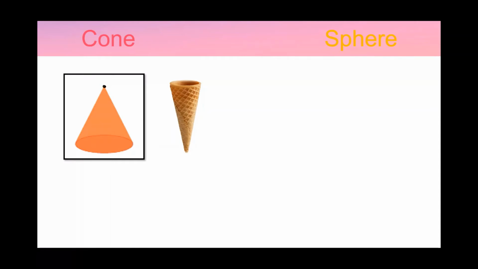A cone has one vertex. Can you see any other vertices here? No, only one vertex. How many flat surfaces? Only one flat surface.